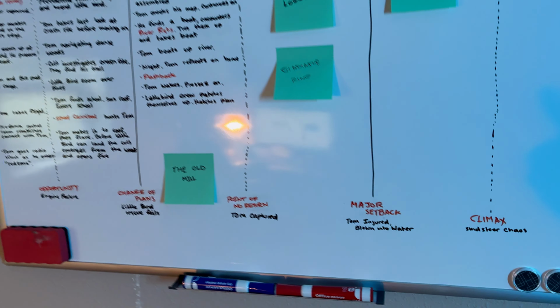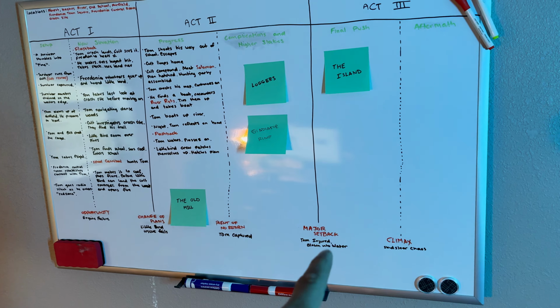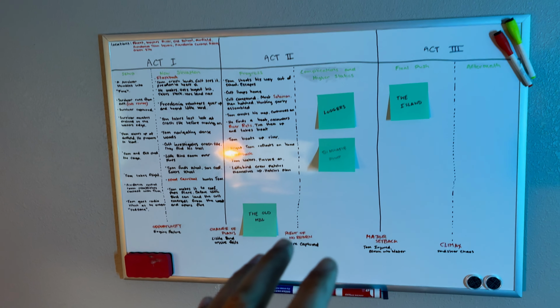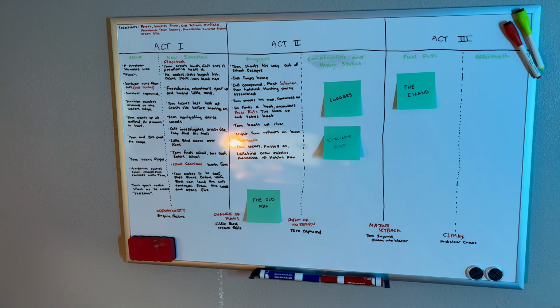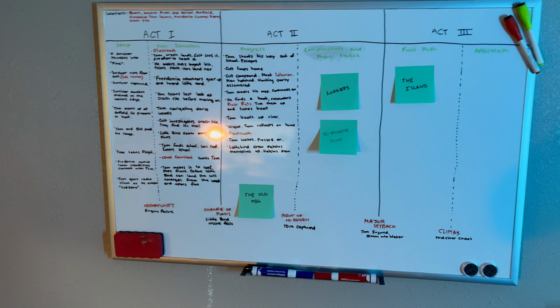So the major setback, and you notice it when you watch movies, you would really notice all of these key moments: the opportunity, the change of plans, the point of no return, the major setback. The reason this structure works so well is that so many movies have all of these moments in them.